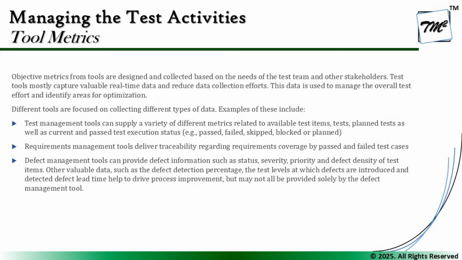Namely, we can filter it by status, severity, priority, and even talk about defect density of the test items. Other valuable data such as defect detection percentage, the test level at which defects were introduced and detected, and defect lead time can also help us drive process improvement, but may not all be provided solely by the defect management tool.